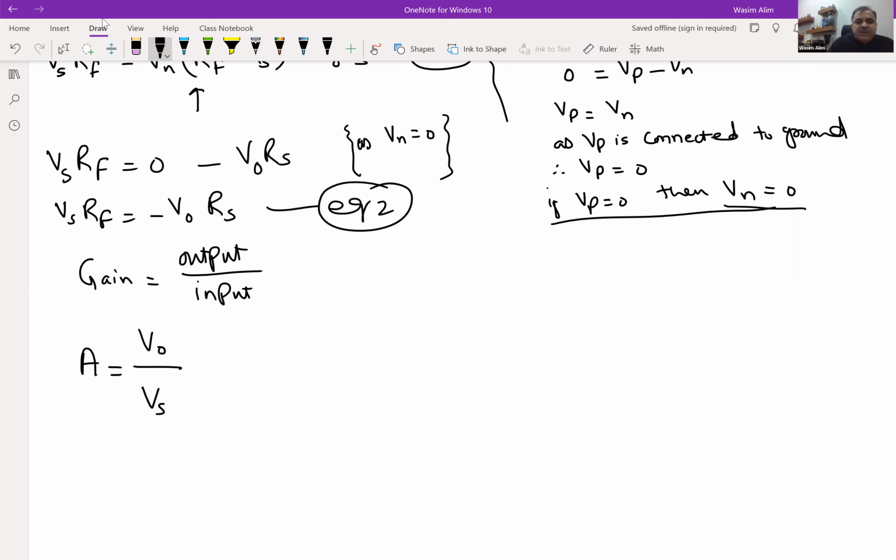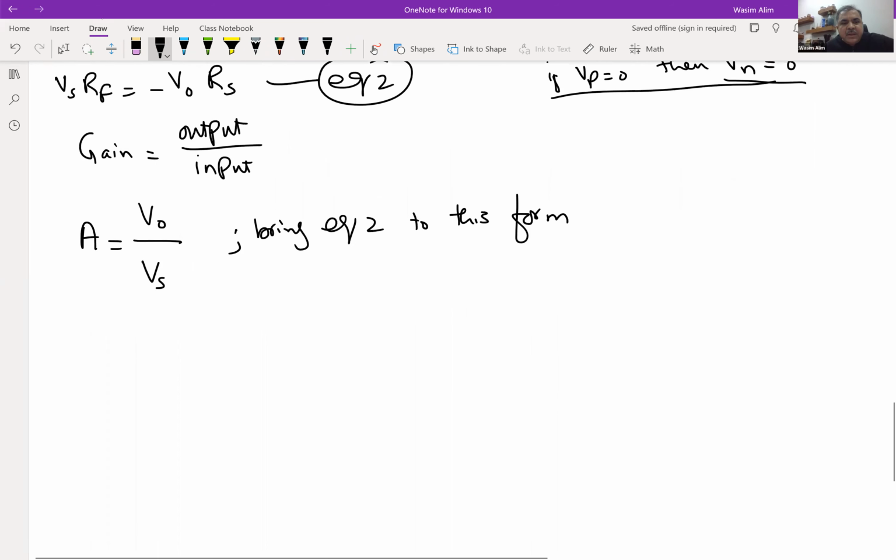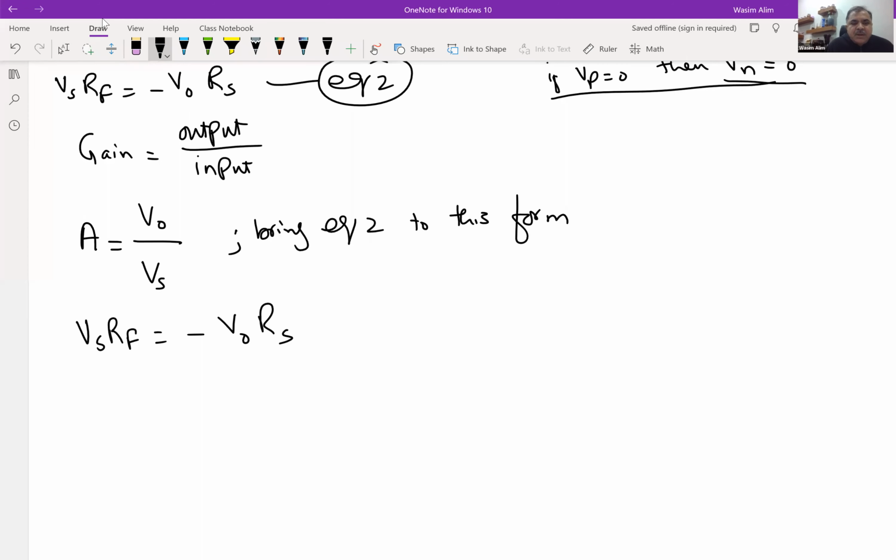We want to bring equation number 2 to this form. So let's write equation number 2 here, which is Vs Rf is equal to minus Vo Rs. And again, the goal is to bring it to V out over Vs.